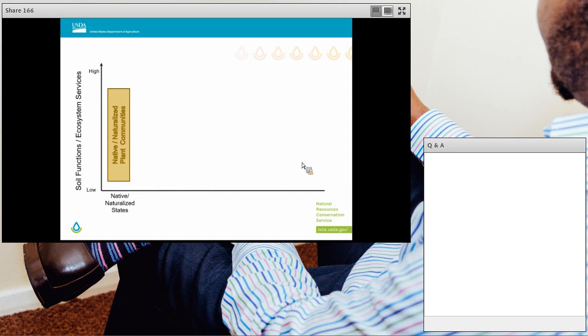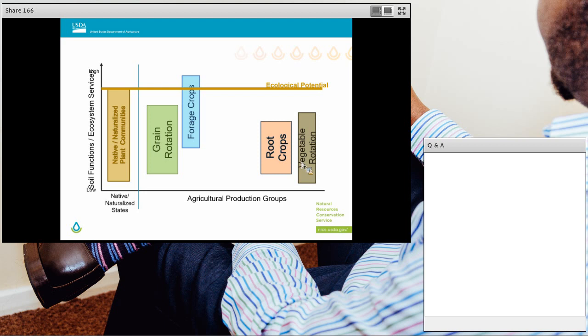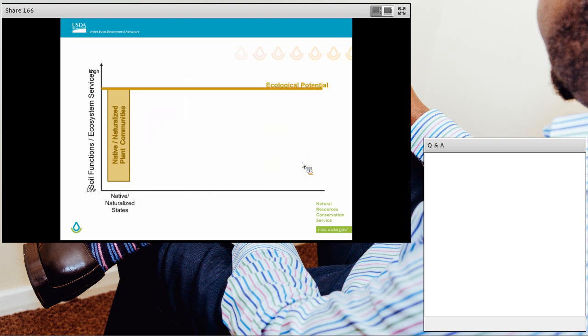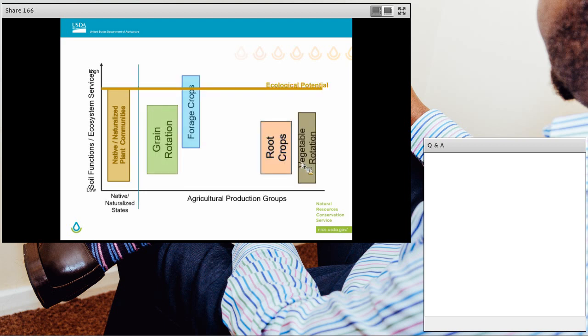So I'm going to take this out of the state and transition model system for a minute to think about it. Maybe this is a possible way that we could give this information to people. So maybe we have the known functions that we might get for a native plant community, but we can also find out what kind of functions we might have for different kinds of production systems within agriculture and range.